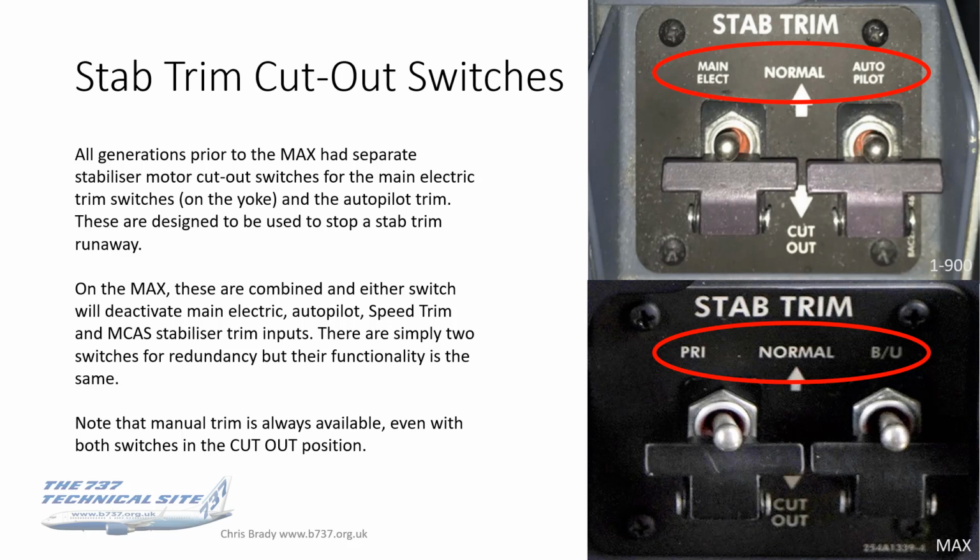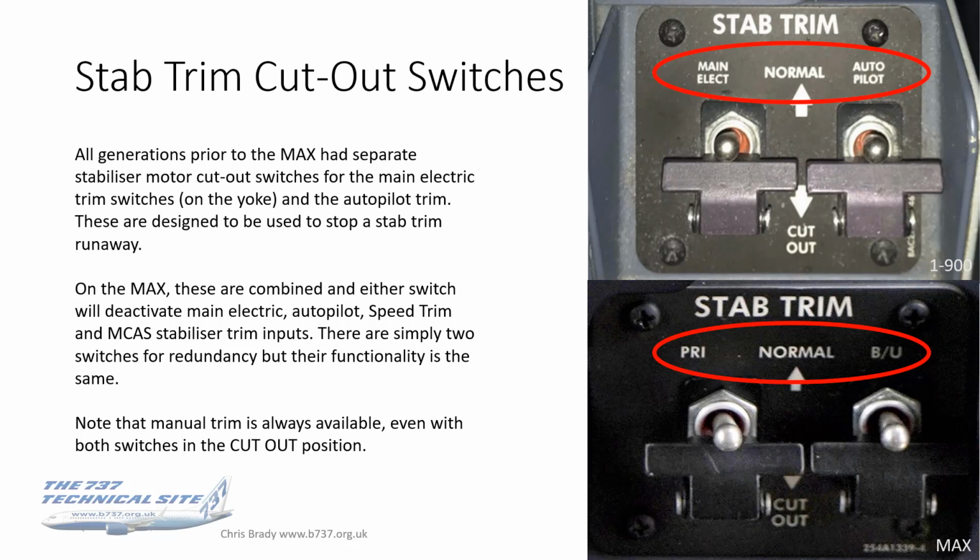All right, the stab trim cutout switches. This actually came to light with the Max accidents, that there had been a slight change of logic with them. All generations prior to the Max had separate stabilizer cutout switches for the main electric trim switches, again, the ones on the yoke, and the autopilot trim.